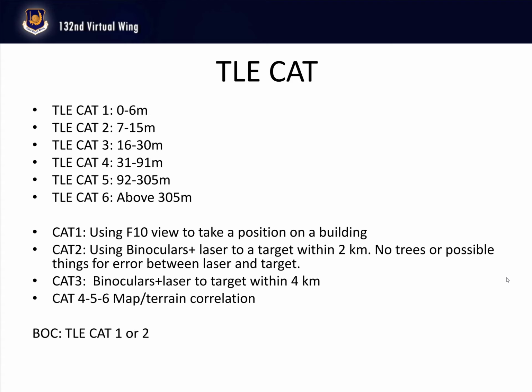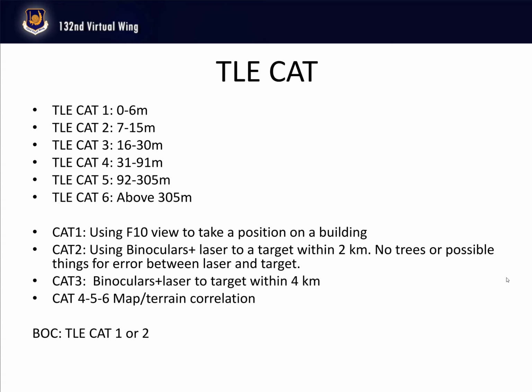For example, if I look with a binocular at a target that is 6 miles away, it might be difficult for me to give precise coordinates for this target, because there is some error built into the binocular, the laser rangefinder and the azimuths, so it's not very useful. If it's a very close target, of course I can pinpoint it.